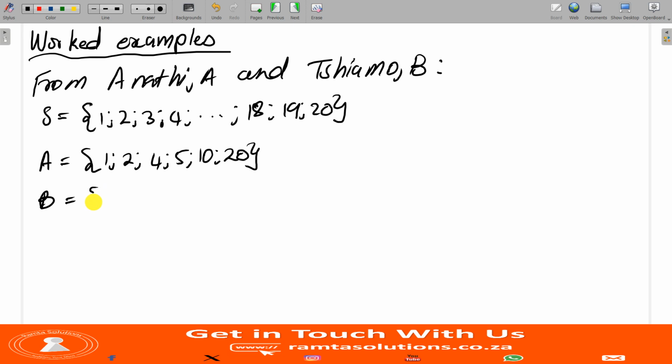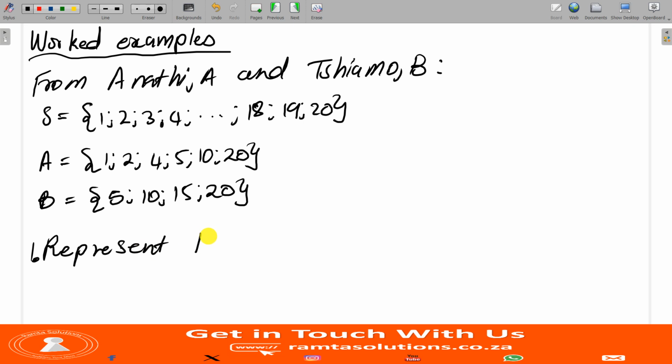Tiamo had chosen multiples of 5: 5, 10, 15, 20. Now I'm going to say, Question 1. Represent this information on a Venn diagram.